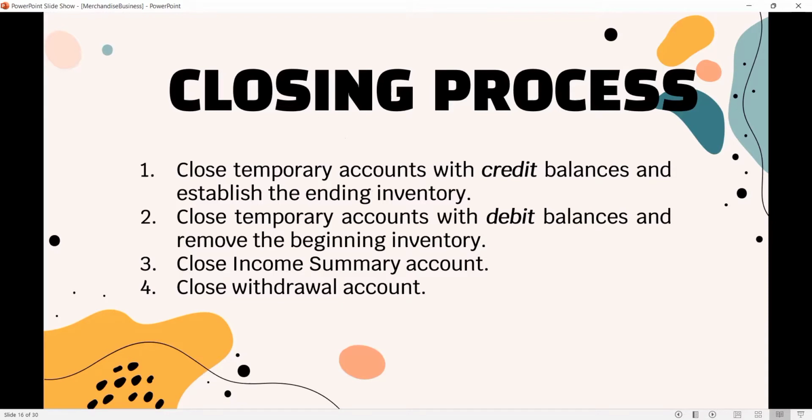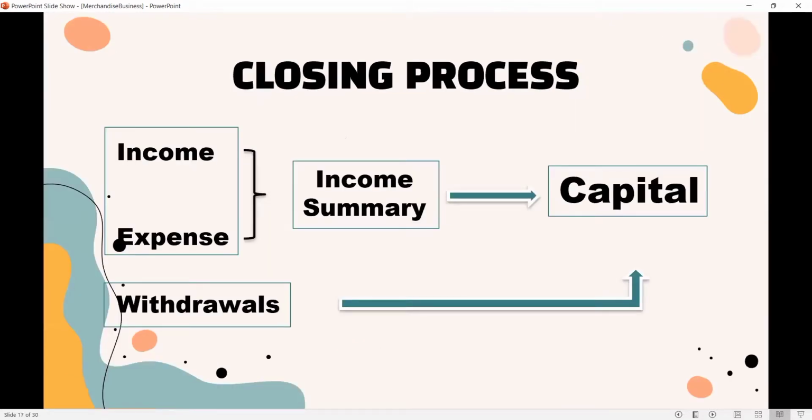Third is to close the income summary account, and lastly, close the withdrawal account. To understand better, here is an illustration. All income and expenses are closed to the income summary account. Then the income summary account is closed to the capital account. The withdrawals are closed directly to the capital account.